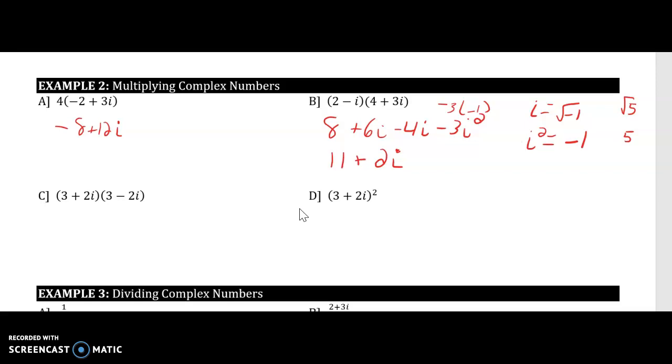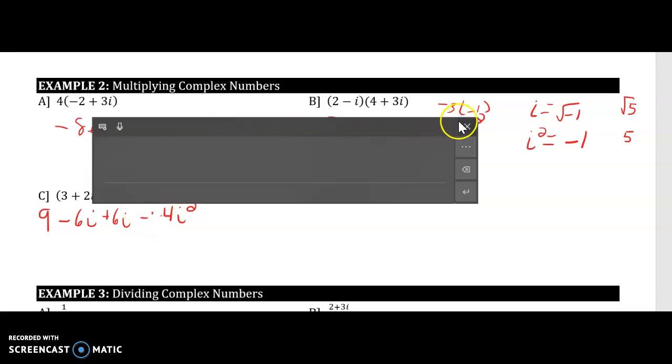Over here, we need to multiply. So we're going to multiply 3 times 3 is 9. That's going to be negative 6i. That's going to be 6i. It's going to be negative 4i squared. Try to use the eraser. There we go. Oops.